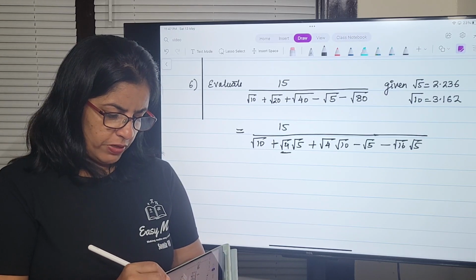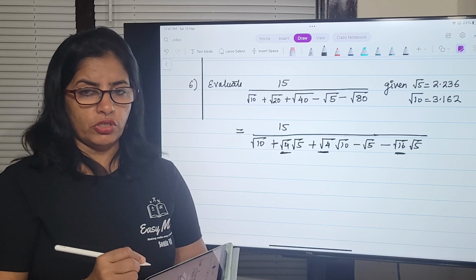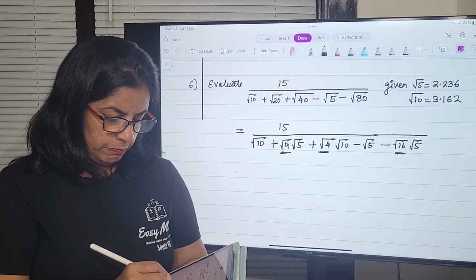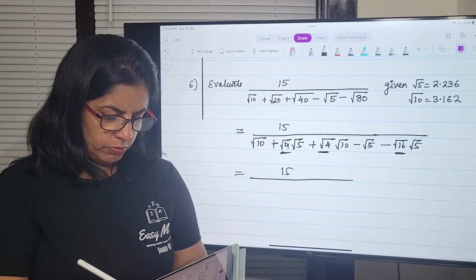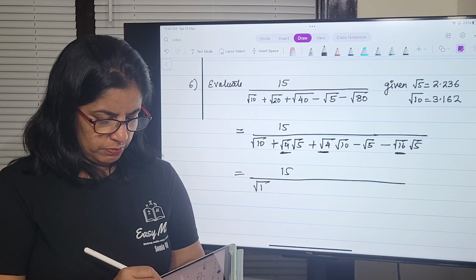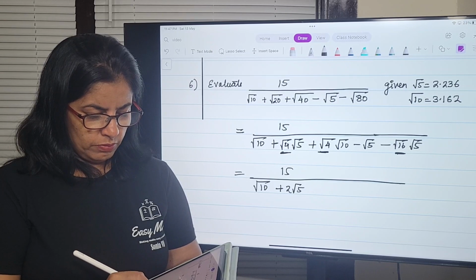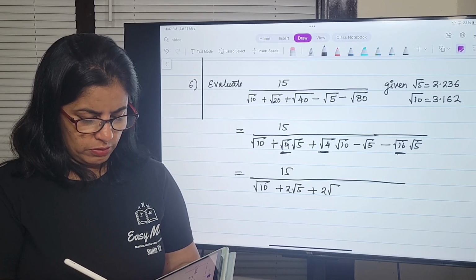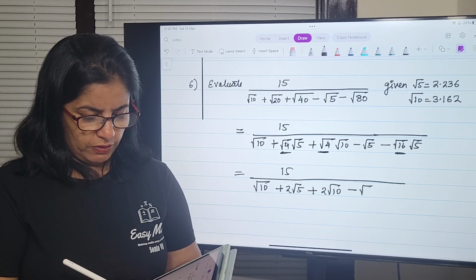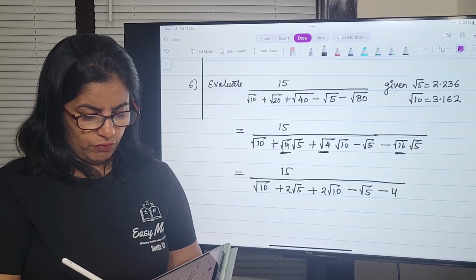Now these are perfect square numbers, so they will change to rational numbers. So 15 upon root 10 plus 2 root 5 plus 2 root 10 minus root 5 minus 4 root 5.